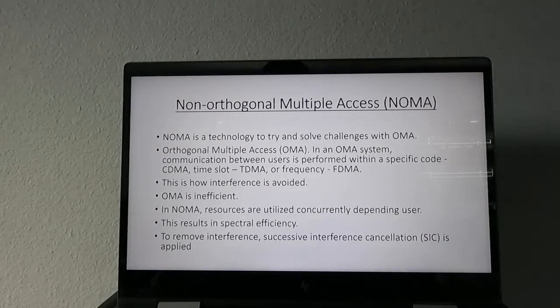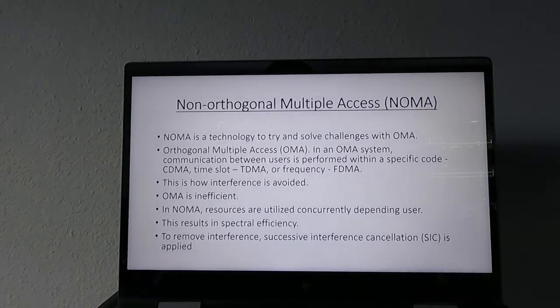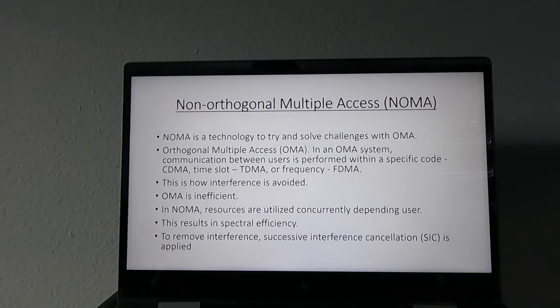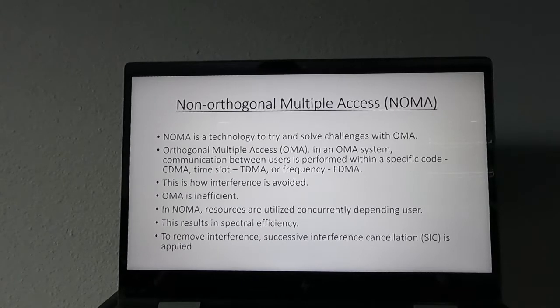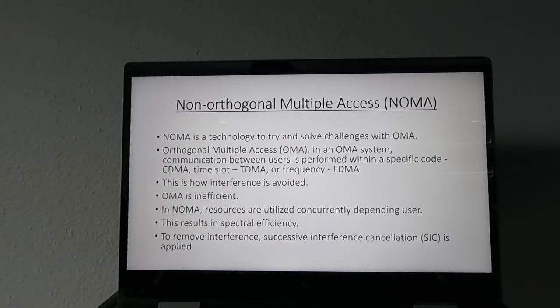So in OMA technologies, CDMA uses specific codes for different users, TDMA uses specific time slots for different users, and FDMA uses specific frequencies, and that's how interference is avoided. Because of that, OMA is inefficient.